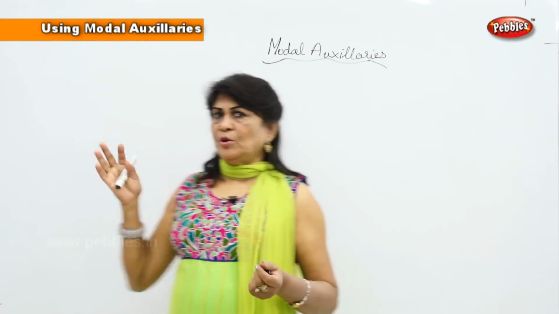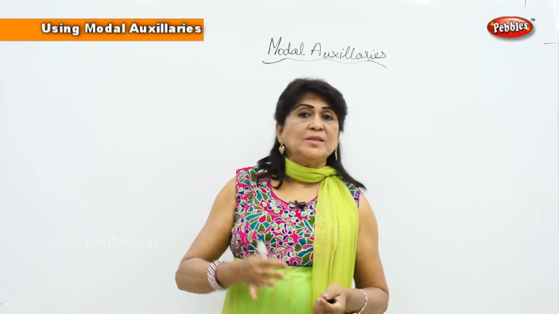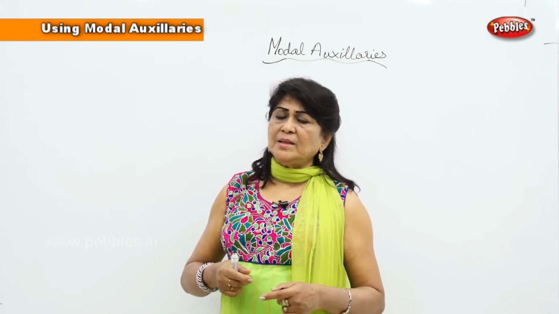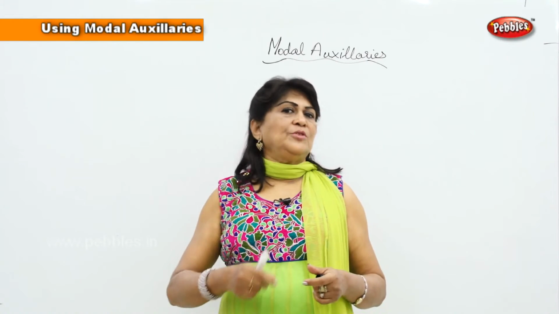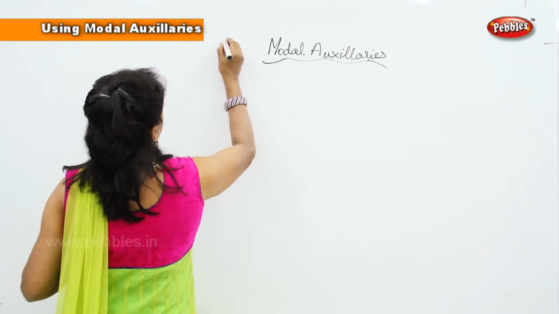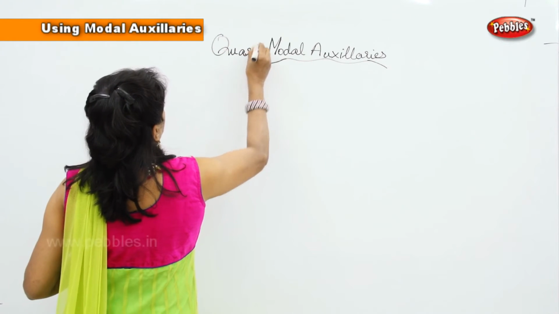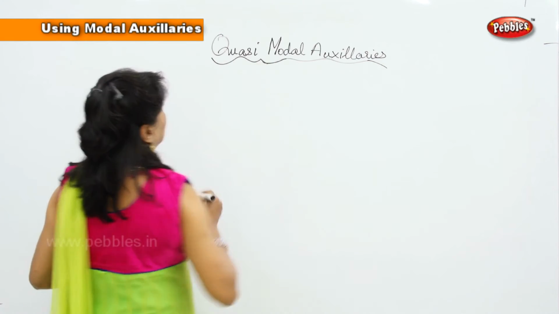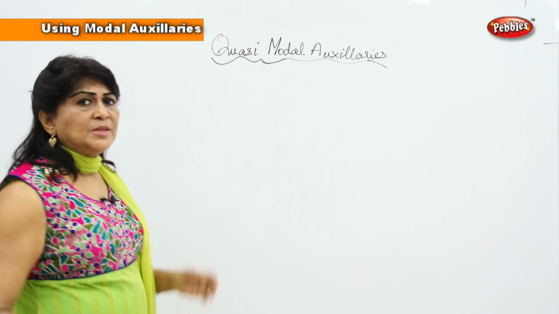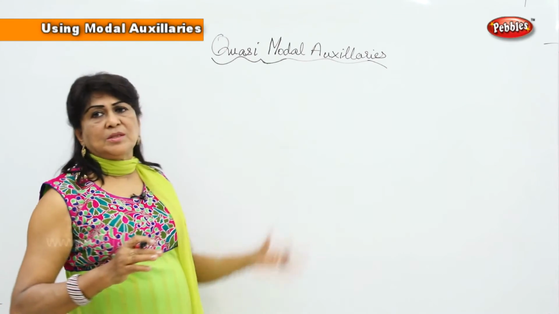Okay, now we just saw the use of modal auxiliaries. There are some quasi-modal auxiliaries, or semi-modal auxiliaries, and how to use them, where to use them, we are going to see. So, I will just write here semi or quasi. Okay. So, let us see how to use them. I am just going to give you certain sentences where you should use these quasi-modals.